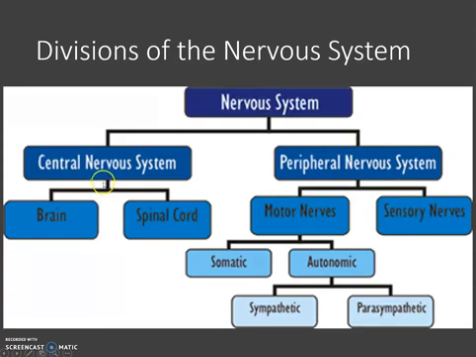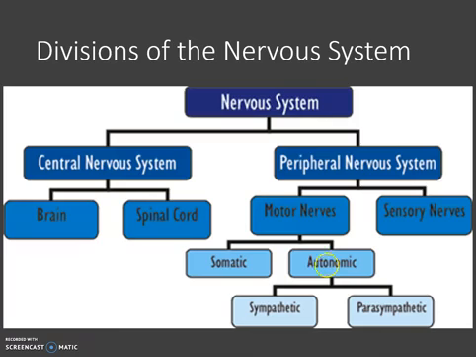The motor division receives information from the brain, and then it either triggers the somatic division, which allows for the voluntary control of skeletal muscle, or it stimulates the autonomic division, which involuntarily stimulates cardiac muscle, smooth muscle, and glands such as endocrine glands and sweat glands.